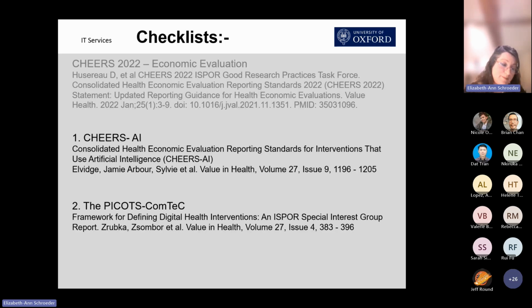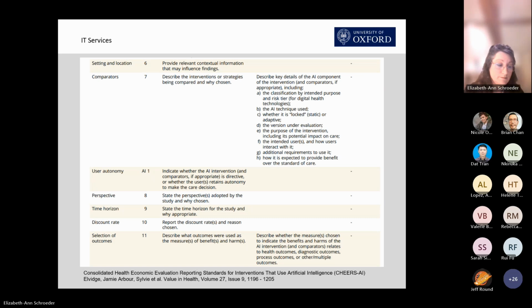And out of this broader body of work, 2 checklists have emerged as the key frameworks for reporting economic evaluations for digital health innovations. The first is the adapted CHEERS checklist for AI, called the Consolidated Health Economic Evaluation Reporting Standards for Interventions Using Artificial Intelligence, and it's adapted from the most recent 2022 edition of CHEERS.